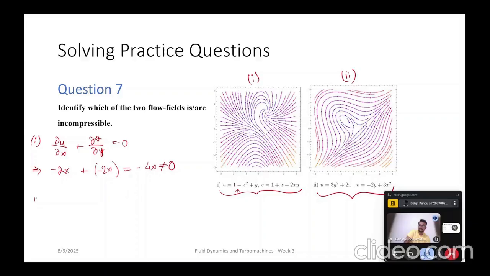Now let's take a look at number 2. So once again we will do the same thing: dou u dou x plus dou v dou y. We will test it out.